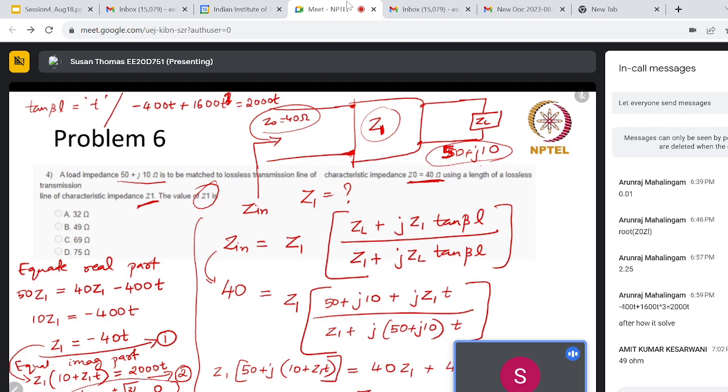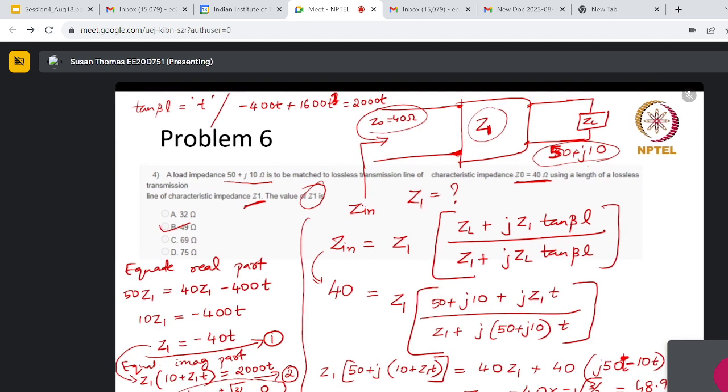Because Z1 is minus 40t. So it will be minus 40 into minus root 3 by 2, or whatever you got, 1.2247. If you multiply that, you will get 48.988, which is almost close to 49. Is that clear now?